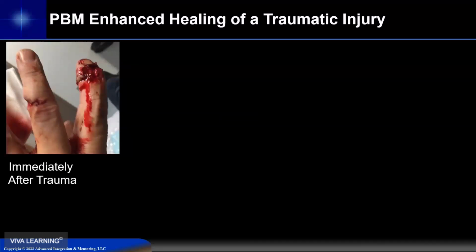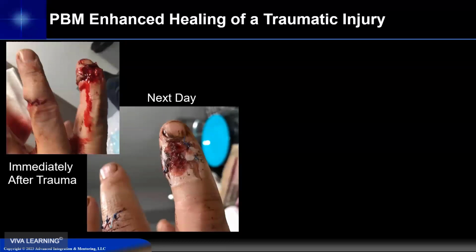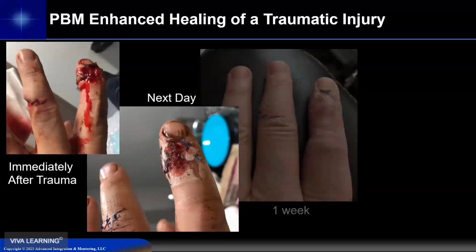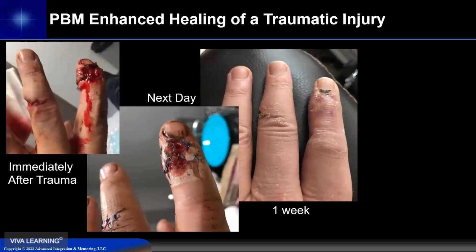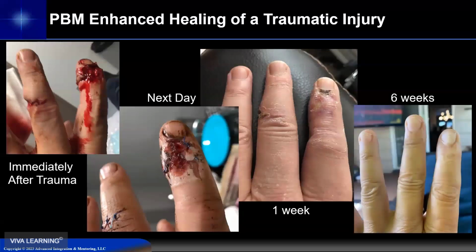On the way to the hospital, he was actually treating himself with a portable photobiomodulation unit. This is what the wound looked like the next day after being stitched up. Here's what it looked like a week later, and here it is at 6 weeks. This is the type of healing that we want to see. We don't want to see the type of accident that occurred here, but be able to get the patient back to a normal condition as quickly as possible.